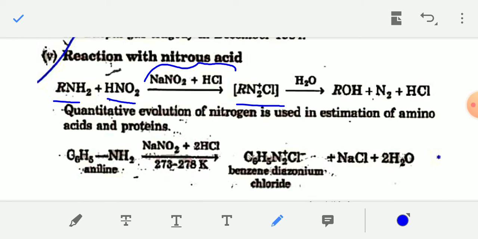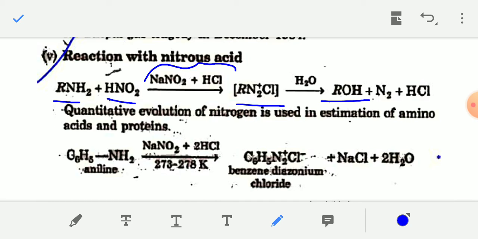It will produce HNO2, and then HNO2 will react with amine RNH2, and the RNH2 group will be converted into alkyl diazonium salt RN2 plus Cl minus. These are very unstable substances, and on hydrolysis the alkyl diazonium salt will be converted into alcohol finally.